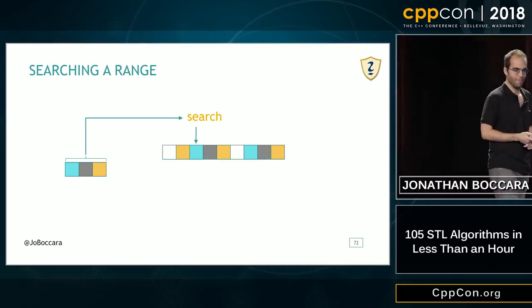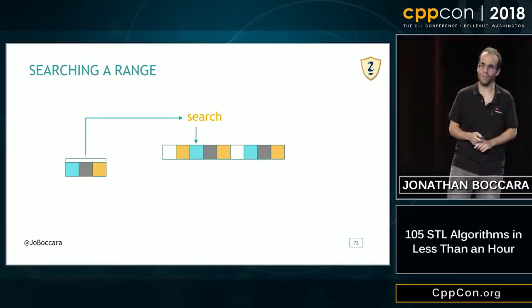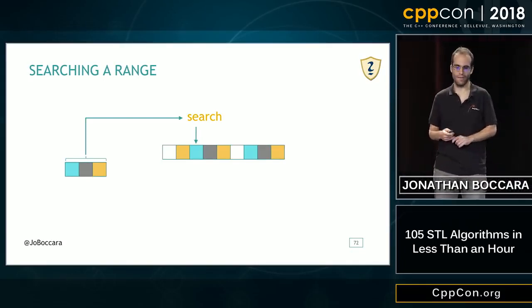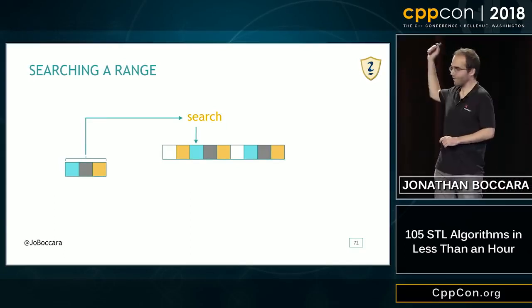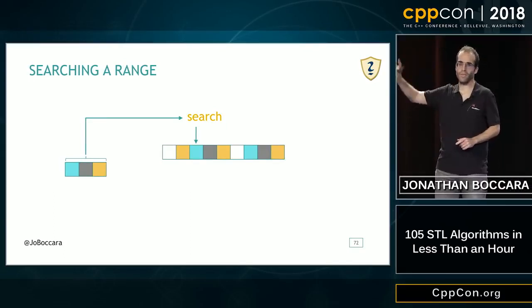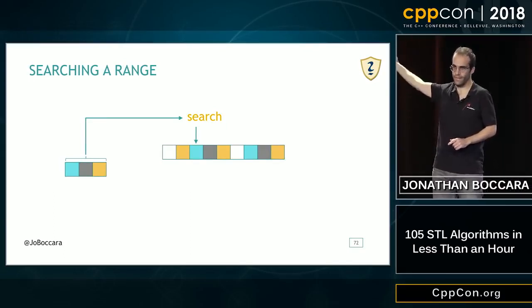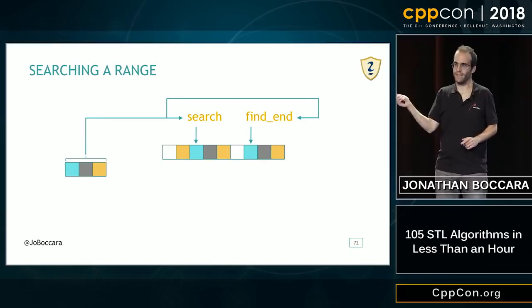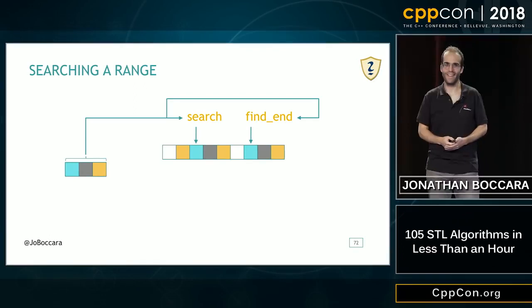I think the most curious name in the whole STL library is what follows, which is looking for a subrange but starting from the end. It's called find_end. That's good to know, isn't it?